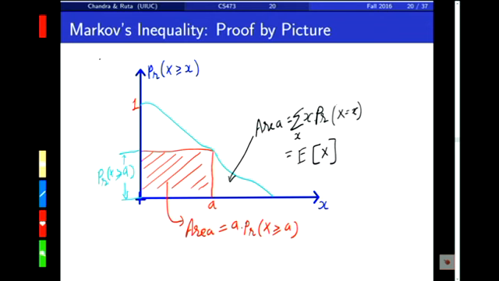And suppose I have this a here, then this value is exactly the probability that x is greater than or equal to a. So the area of this square is a times probability x greater than or equal to a. But this red area is less than the black area, of course, right? So you get the inequality.